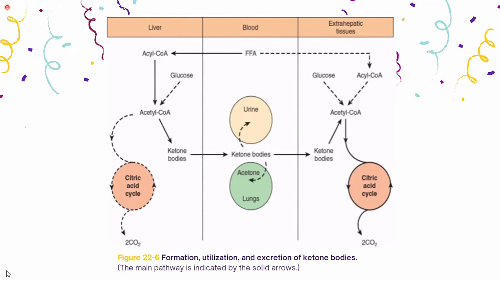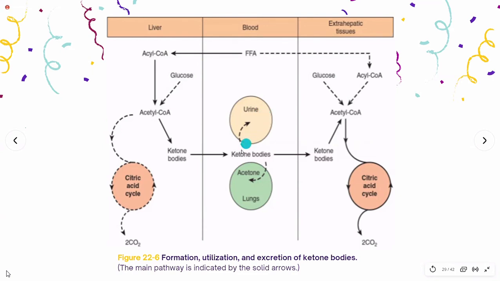Now this is how you are going to excrete your ketone bodies. This is formed in the liver, and this is dumped into the blood. So in the blood, it goes into the lungs, blown off as a gas, acetone, or goes into your urine.